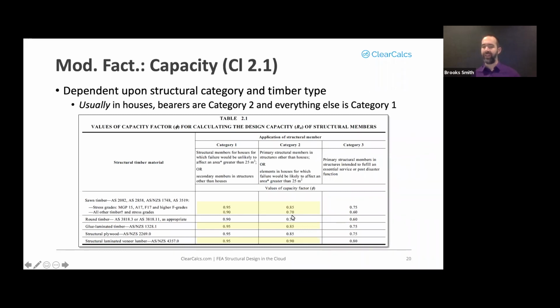But if you have anything lower than that, your phi factor is 0.7. So essentially the standard is trying to really incentivize you to use a relatively high stress grade for your main members in your building. If you don't, this is giving you an almost 20% penalty right off the bat. So if you can, use a relatively high stress grade for your main members in your building.